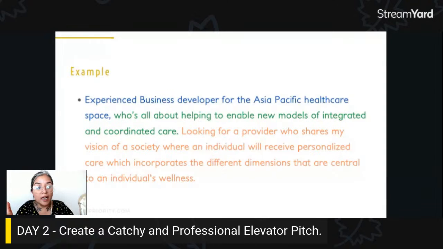If it is in a conference, you have to adapt the elevator to that conference, to the people that are there, to the situation. So the more specific, the better. You have to niche down into what is relevant to the person who's listening to you.